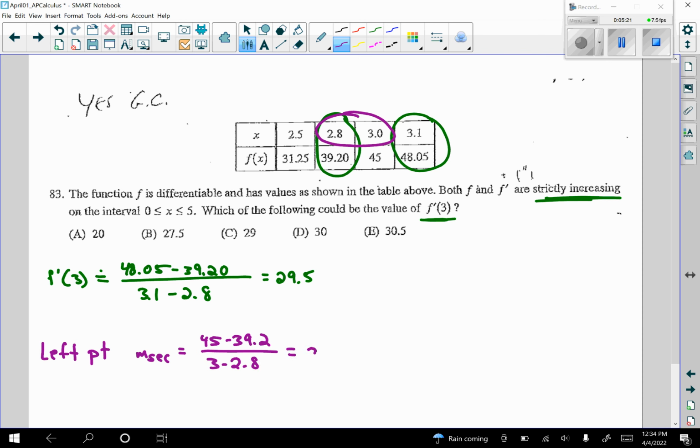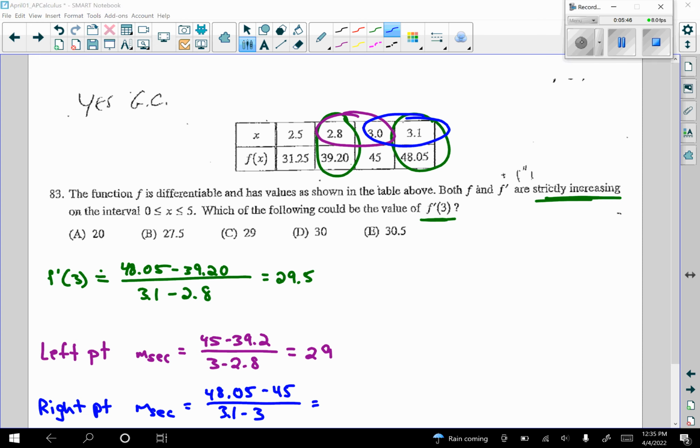And that should give us 29. And then coming from the right, we're going to do these two. Slope of our secant line. We'll do 48.05 minus 45 over 3.1 minus 3. And we get a 30.5.